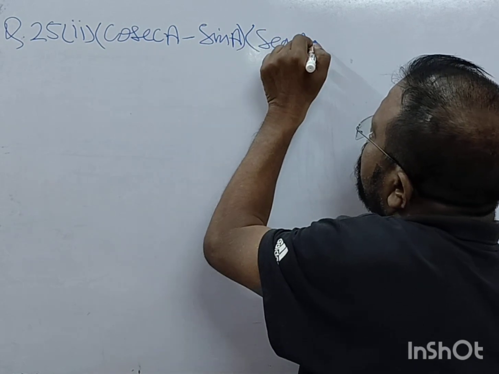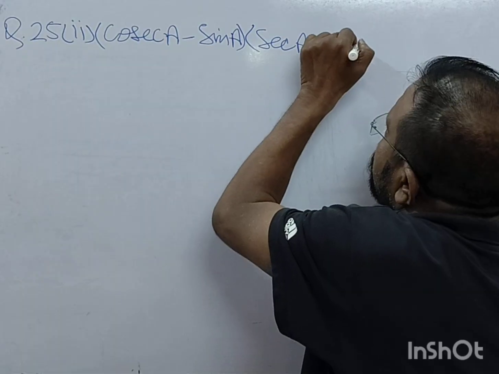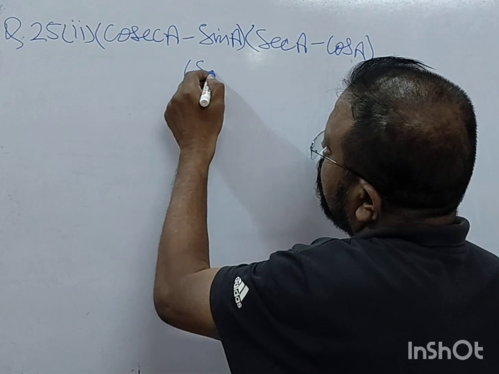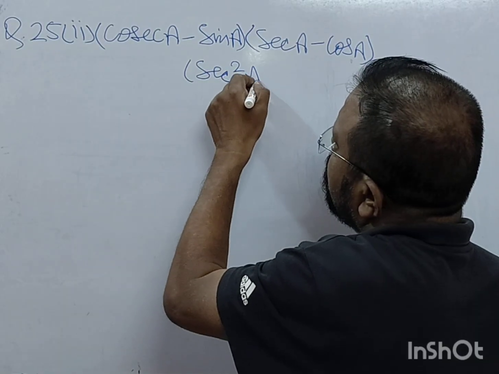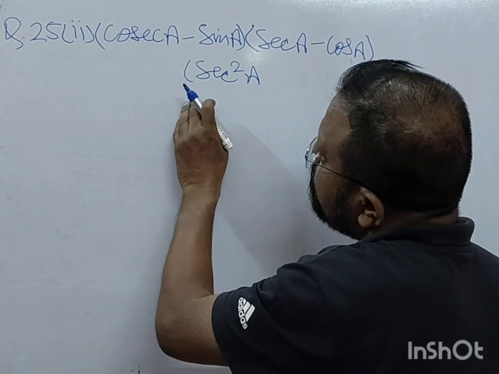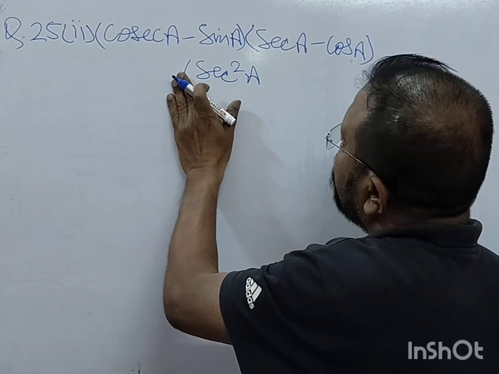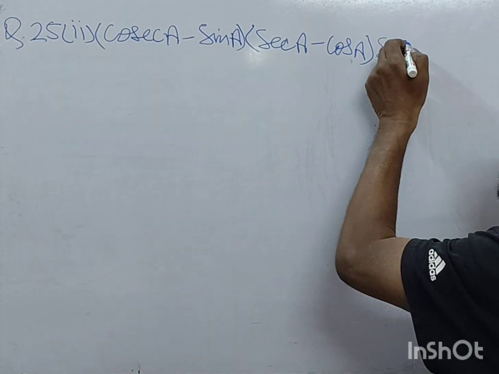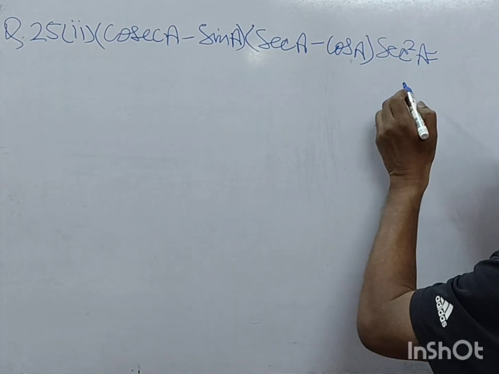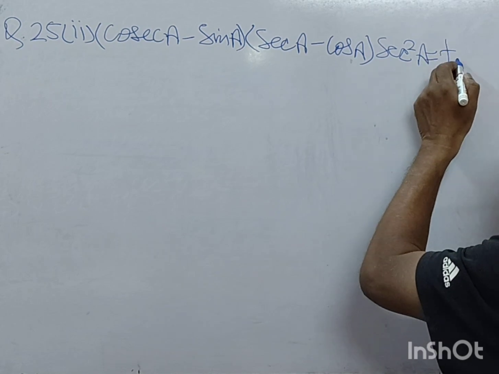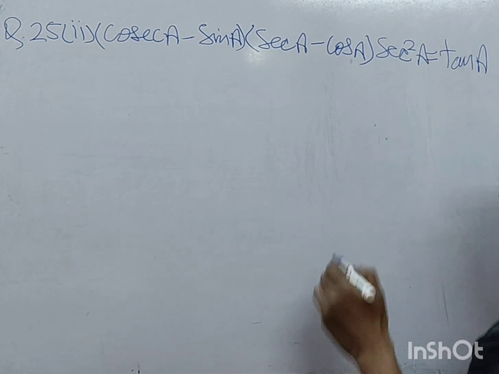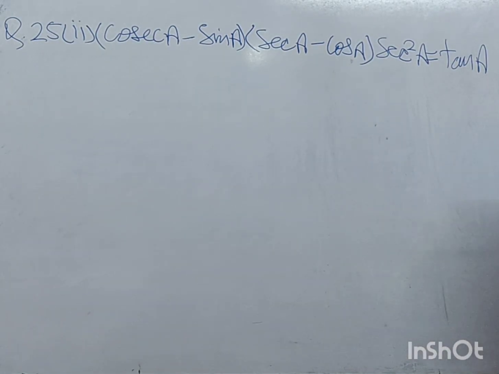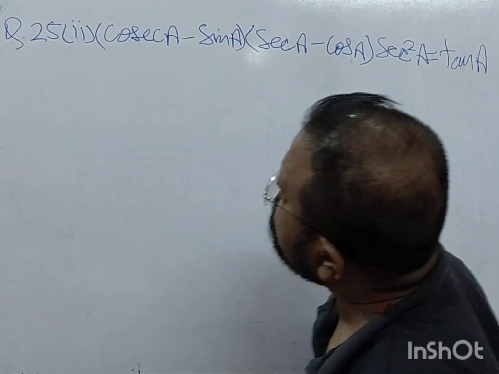We have done this: sec A minus cos A, bracket of sec square A is equal to tan A. So here sec square A is equal to tan A. This is the solution. This is the question.